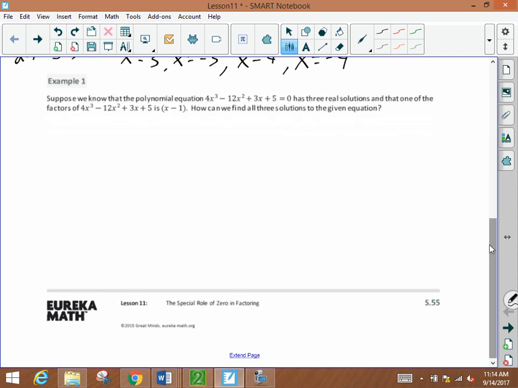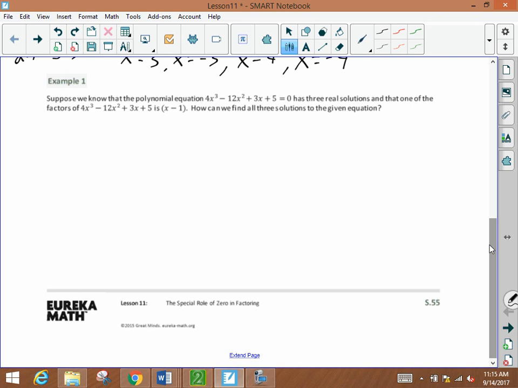Example 1. Feel like we did lots, but here's example 1. If we know this polynomial has 3 real solutions, and that one of the factors is x minus 1, in other words, x minus 1 divides 4x cubed minus 12x squared plus 3x plus 5 evenly, then we can find all 3 solutions.